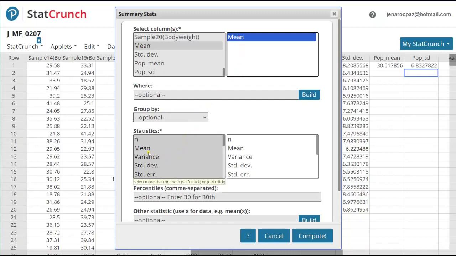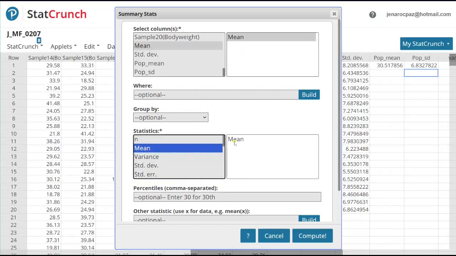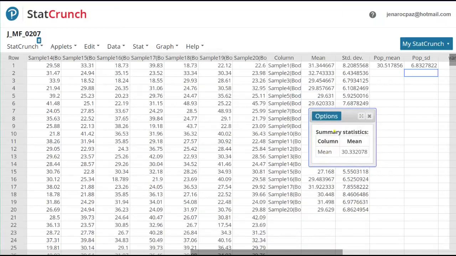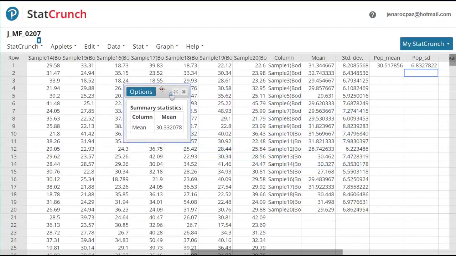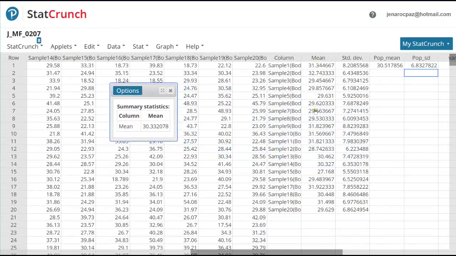Just the mean of means. Okay, the mean of means, compute. Okay, and the mean of means is going to be just here. Let me copy it. So it's going to be 30.33.